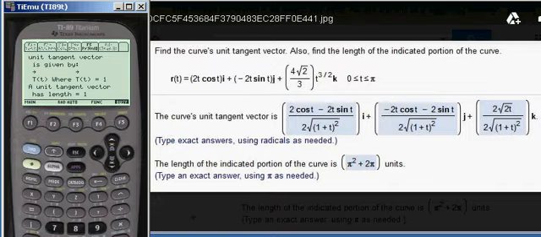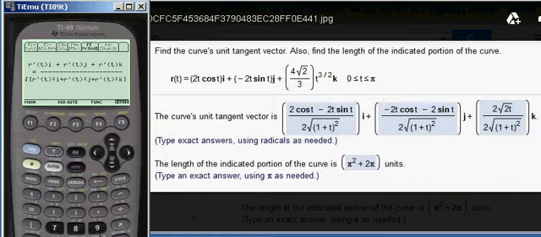You can read that in your spare time. And here's the formula. Unit tangent vector is written just like this in all the calculus books. Derivative of r(t) over the magnitude of it. And I show you what you're doing here. Here's the derivatives of each one of those, i, j, and k, and the magnitude, how you come up with that, okay?